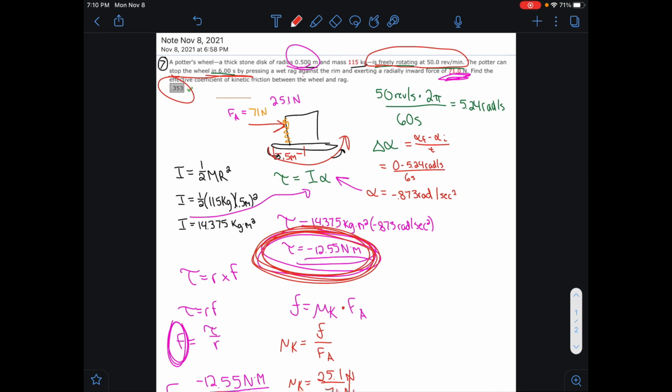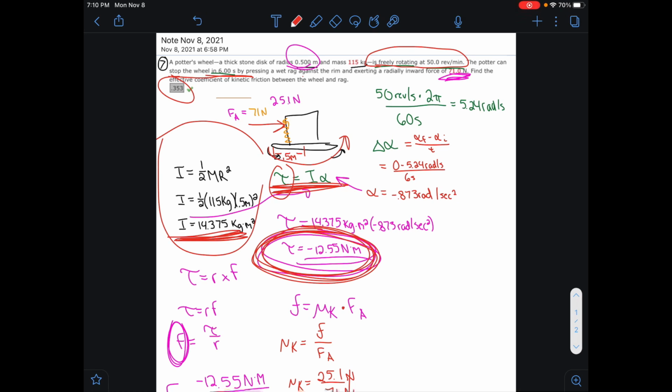We found the moment of inertia because it's a rotating object. We got our moment of inertia, and we need to find our torque. And torque is equal to moment of inertia times angular acceleration. Our unit was in 50 revolutions per minute. We had to get into radians because our unit is radians.